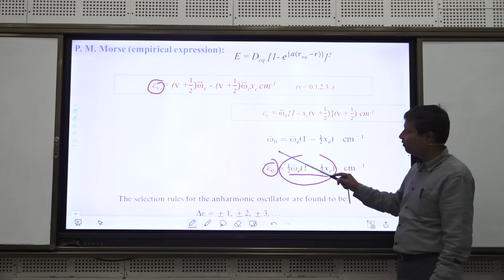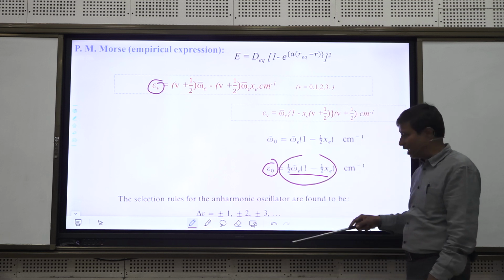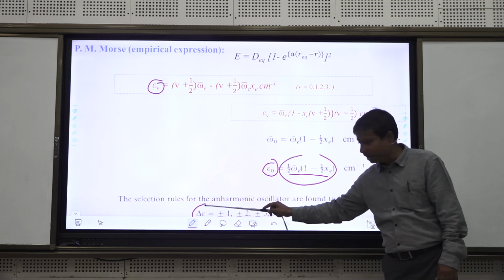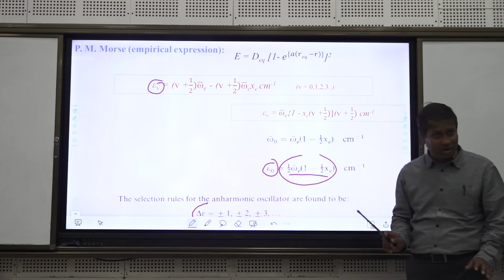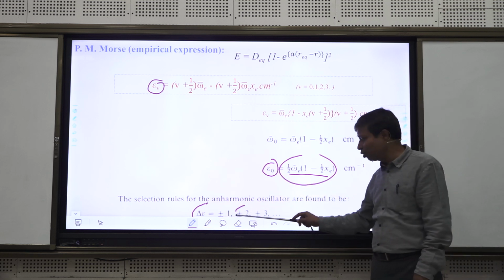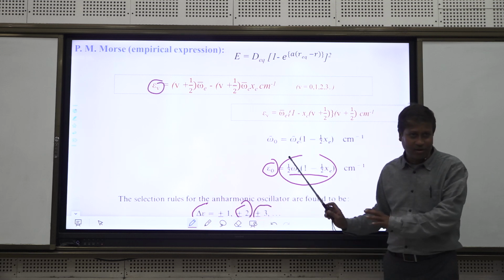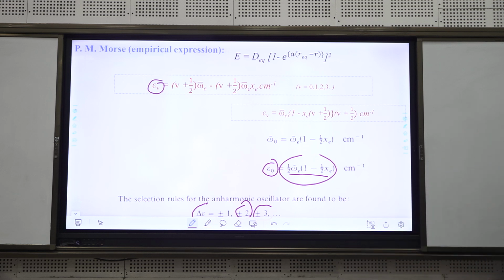So now you have a different expression and different energy levels, and the selection rule is also now relaxed. Earlier the selection rule was delta v plus minus 1 only. Now we have many more possibilities, plus minus 2, plus minus 3, almost anything. So every transition is allowed according to this selection rule.